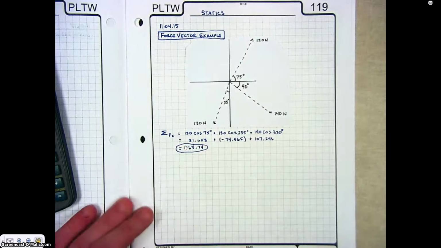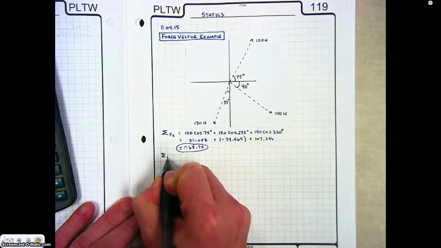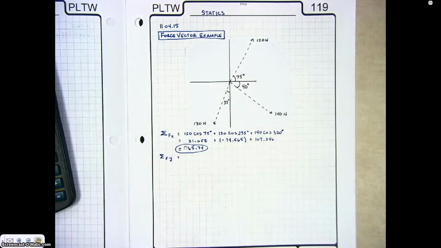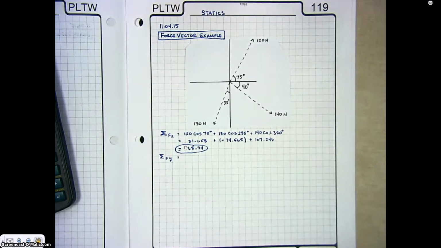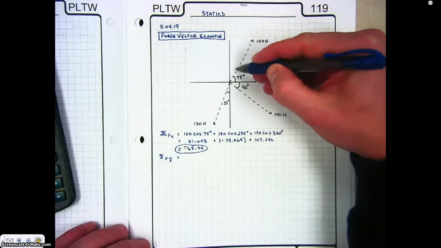The next step is to sum the forces in the y direction, and we'll use the same thing, except now we'll use the sine function, because we're doing the opposite over the hypotenuse, since now we are in the y direction.